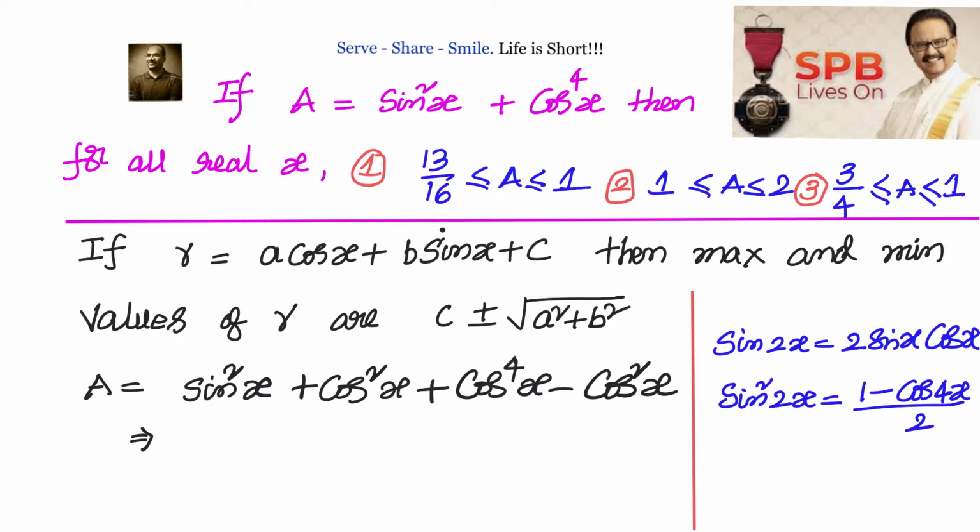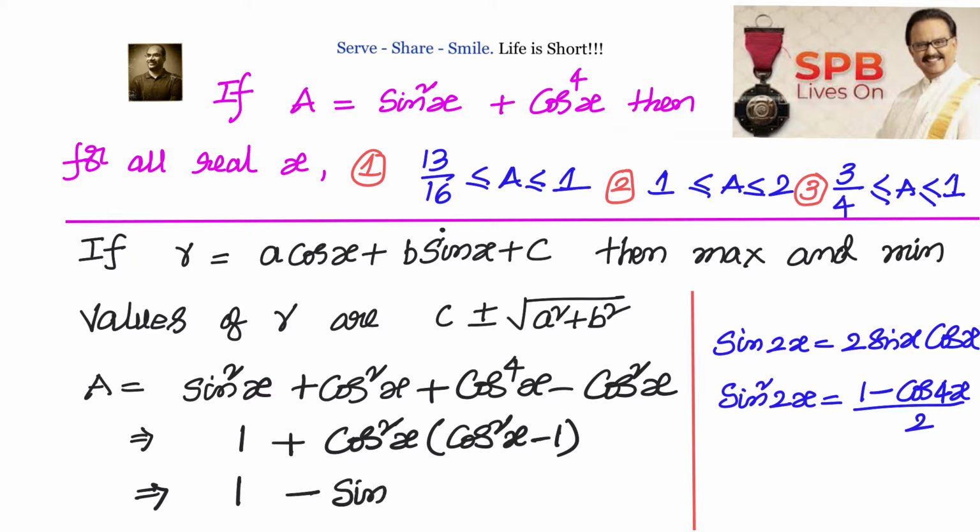So that will give me 1 plus cos to the power of 4x minus cos square x. Can I take cos square x common? Then it will become 1 plus cos square x into cos square x minus 1, which is nothing but equals 1 minus sin square x cos square x.